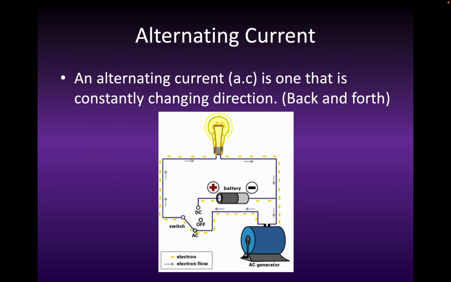As long as the electrons are moving, they're energized by the generator rather than by the chemical process which a battery or a cell provides. A battery or a cell uses a chemical energy store to transfer energy into an electrical system, and an AC generator uses an electromagnet inside.